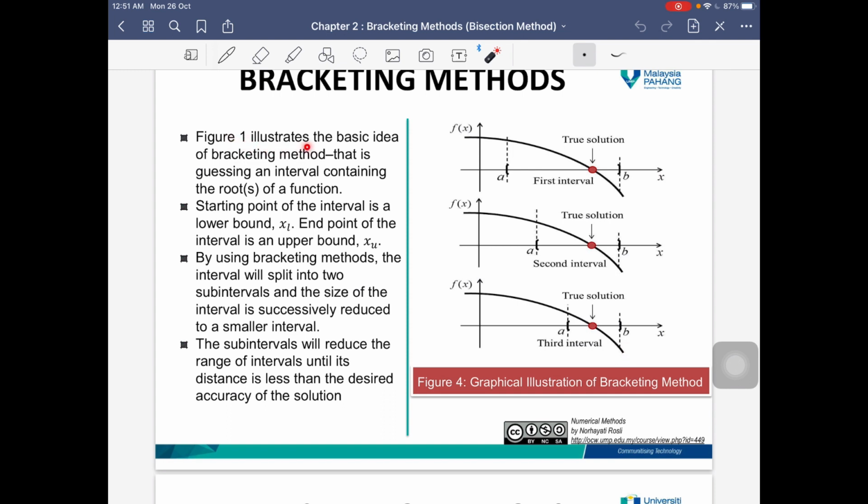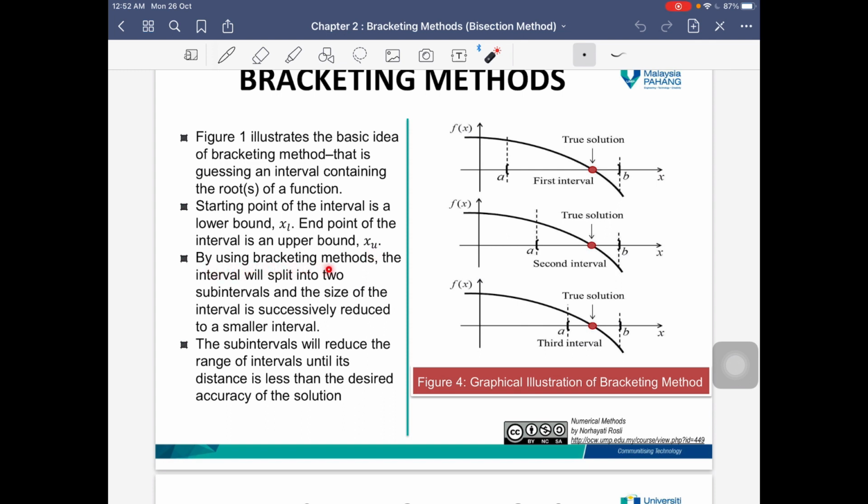Figure 4 illustrates the basic idea of the bracketing method, that is, guessing an interval containing the roots of a function. The starting point of the interval is a lower bound we denote as L, small l here. The endpoint of the interval is an upper bound we denote as u, as subscript u.